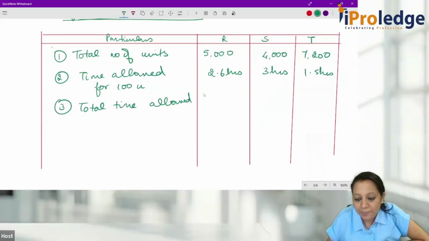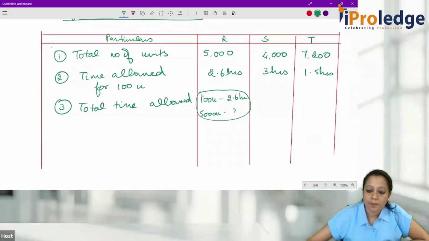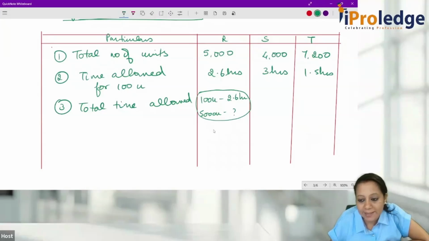I will do this working note here itself. 100 units get 2.6 hours, so 5,000 units get how much? That is what we should calculate. So right here, 130 hours. Similarly, can we do the other calculations also?